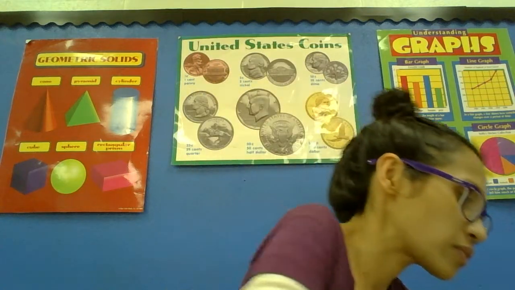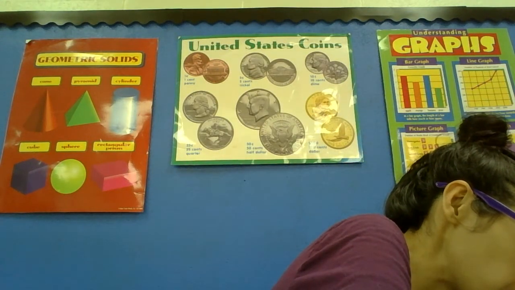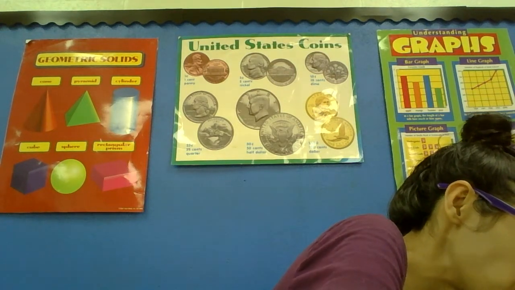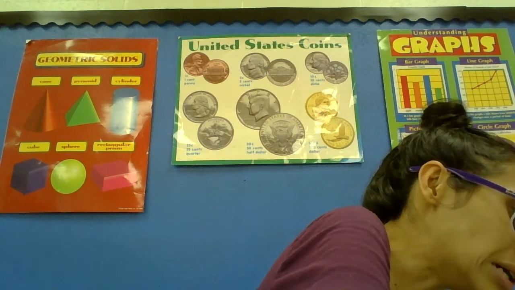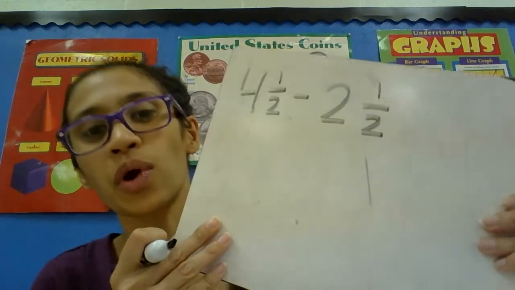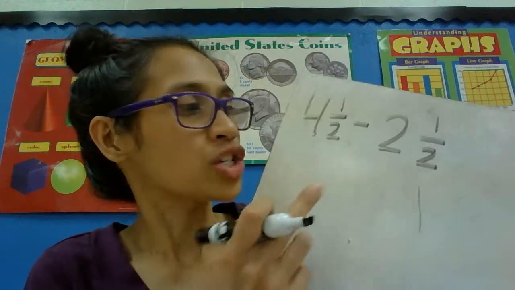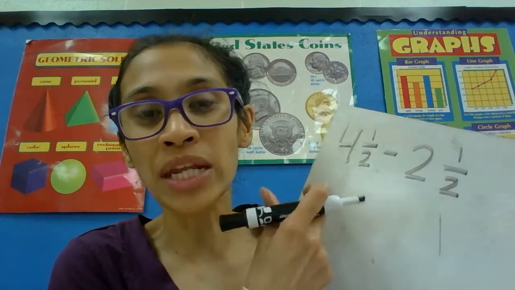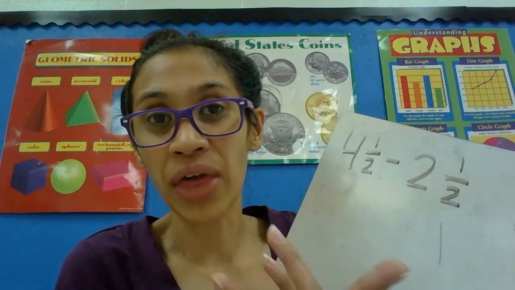So let me give you an example. Oh my gosh, this marker is going out. 4.5 minus 2.5. All right, so 4.5 minus 2.5. So we're going to take away 2.5 from 4.5. So that question would be, how many more does 4.5 have than 2.5?